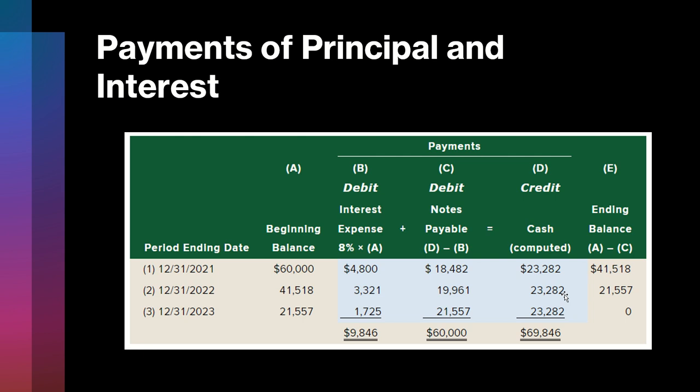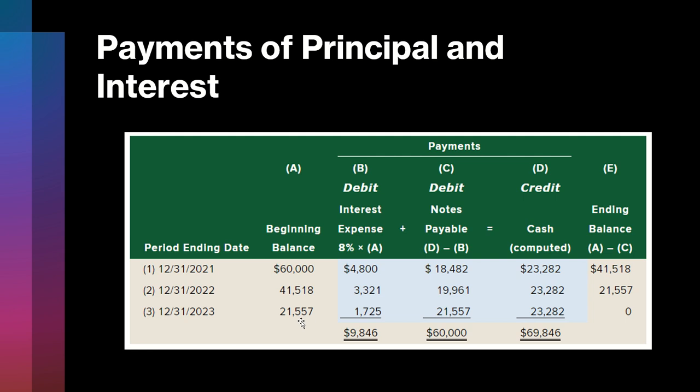Once that happens, the ending balance at the end of year two is $21,557, which is taking $41,518 and subtracting out $19,961.